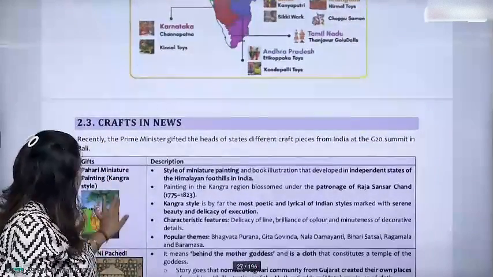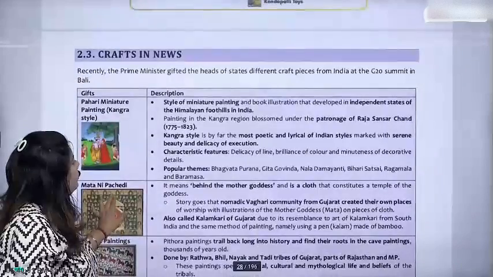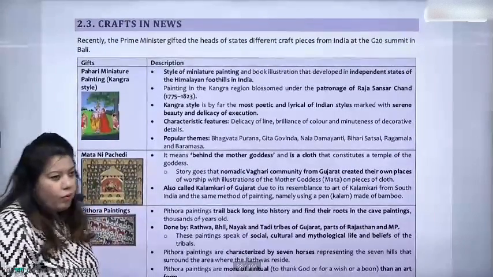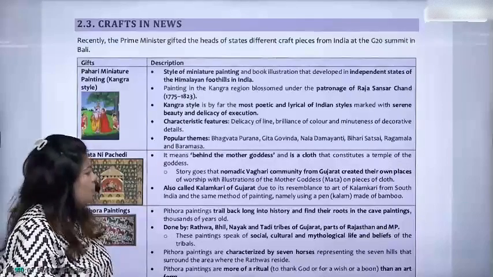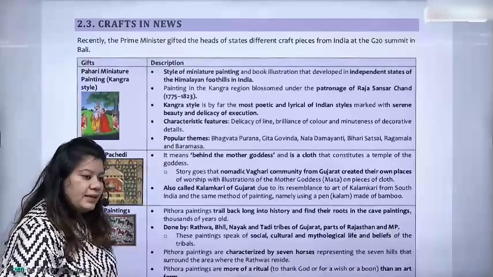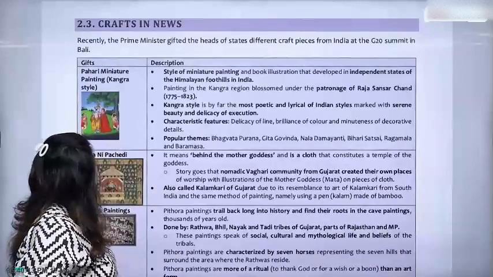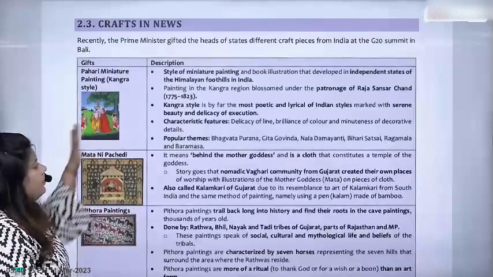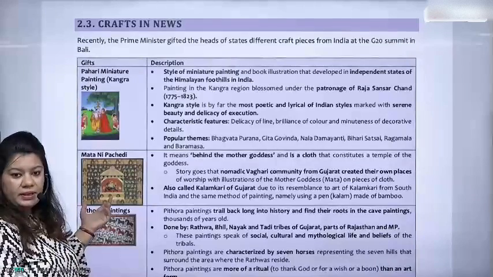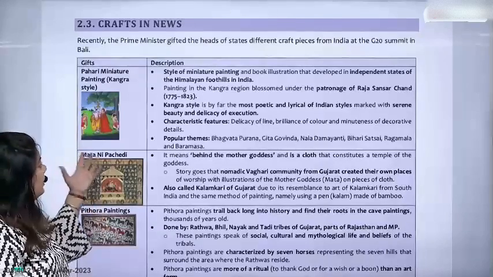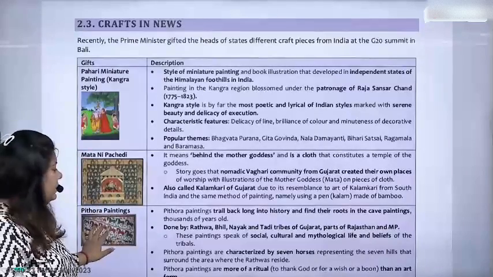Then coming to crafts and news. Dekho, now this topic is very, very important, as I told you already. So crafts, handicrafts, embroidery, cloth, they are important. Because recently Prime Minister gifted at the G20 summit to different heads of the countries different traditional textiles or craft pieces.